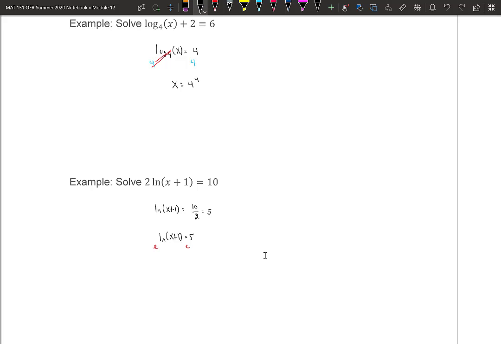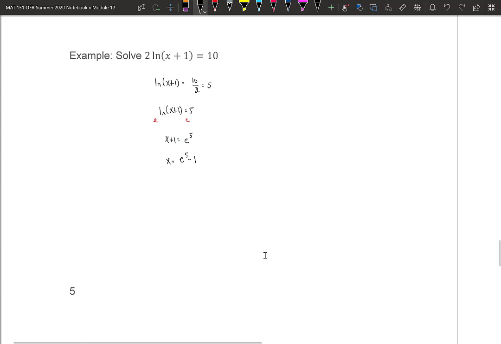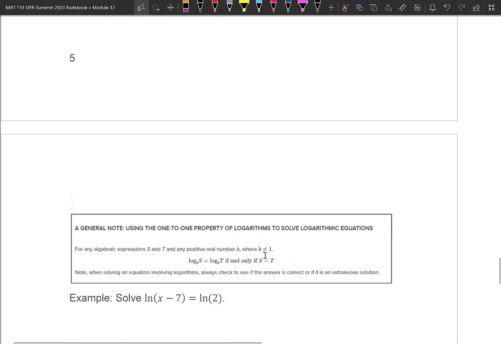Because e and natural log, they're inverses of each other. So on the left, I'm left with x plus 1. On the right, I'm left with e to the 5. And so my answer is e to the 5 minus 1. You could approximate it, but notice it doesn't say to do that. So when it says just solve, that's all you're doing is you're solving, right? Nothing else. If it does say approximate, then you would approximate.